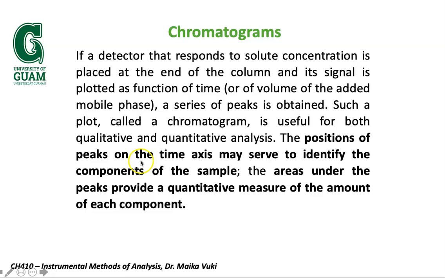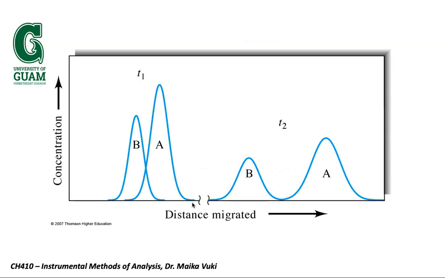The position of the peaks on the time axis may serve as a means to identify the components of a sample, that is their retention time, and the area under the peaks provides a measure of the quantity, which is the amount of the component in that mixture.